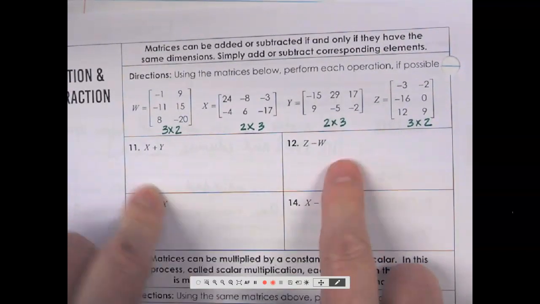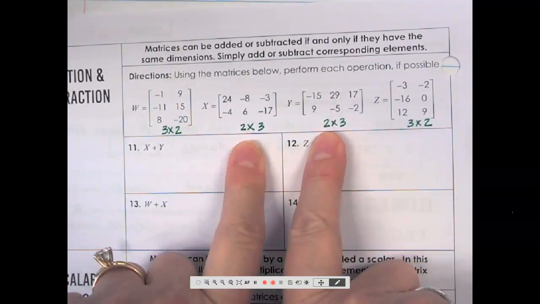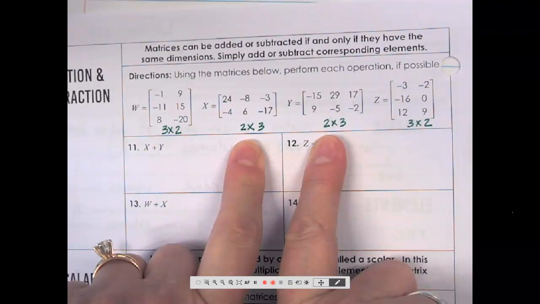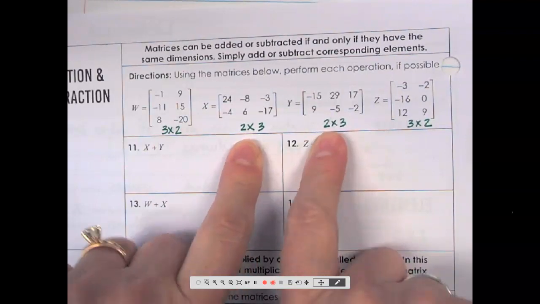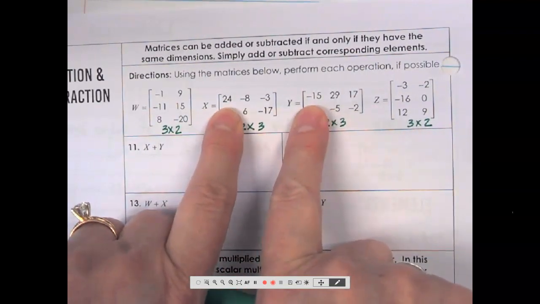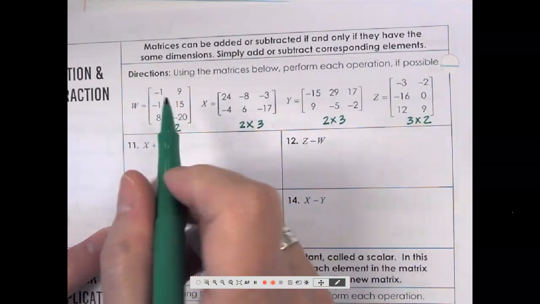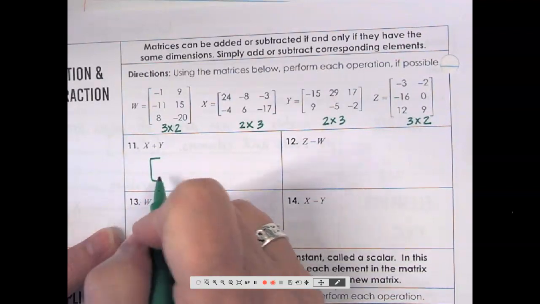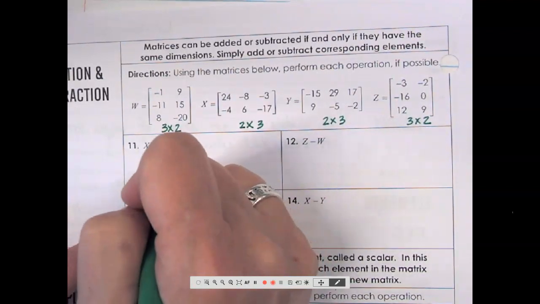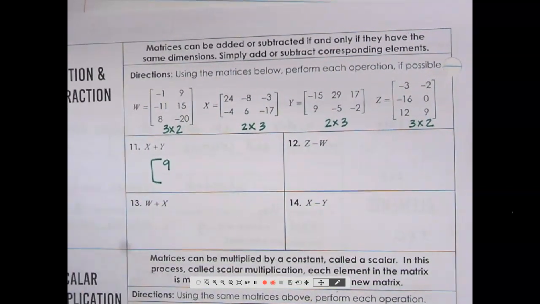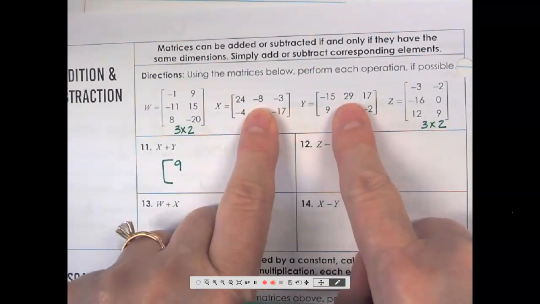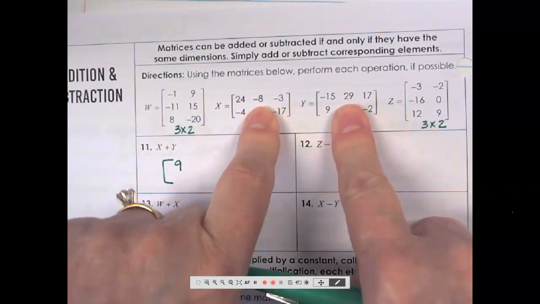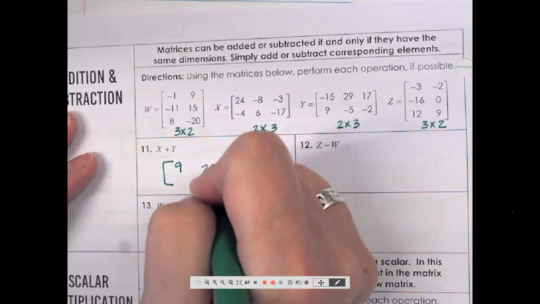Is x plus y compatible? Yes. So I'll have a 2 by 3 for my answer, and in the first element, I will just add 24 plus negative 15. What's 24 plus negative 15? A whopping 9. We'll go across and do the same thing. Negative 8 plus 29 is 21.